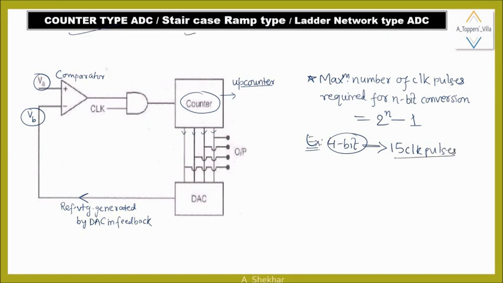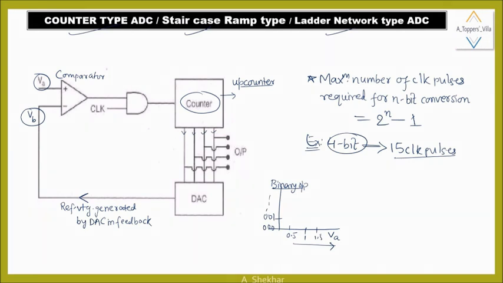And why is its name called a staircase ramp type ADC or ladder network type ADC? Because whenever you plot its output, suppose this is the analog input and this is the binary output. The x-axis is representing analog input 0, 0.5, 1, 1.5 like that in volts, and it is 0, 0, 0, 0, 0, 1 like that.